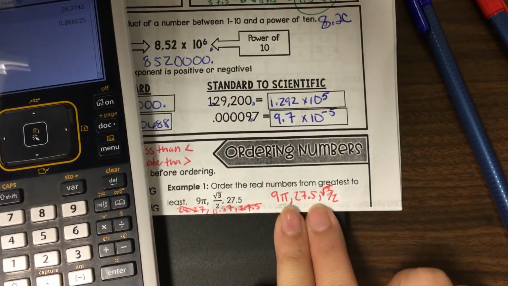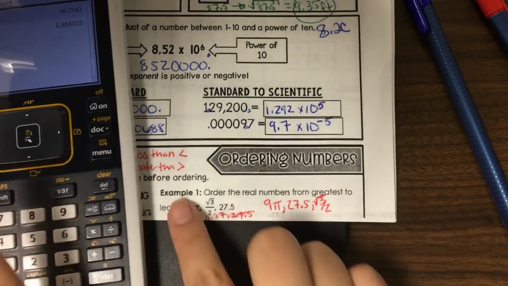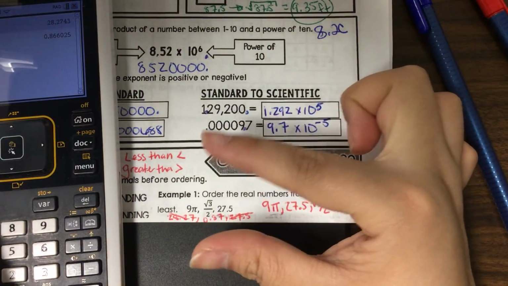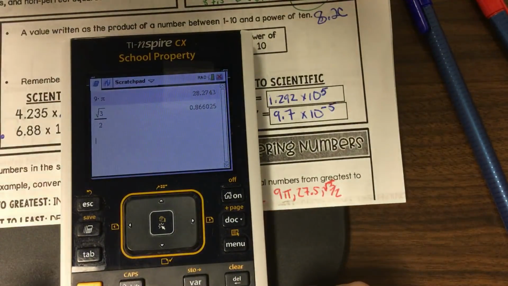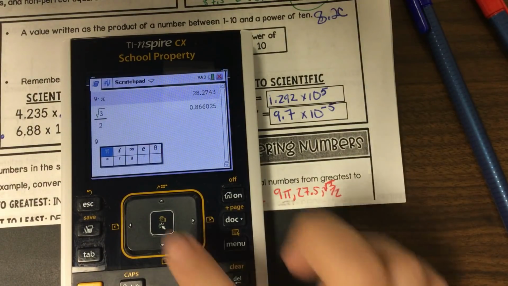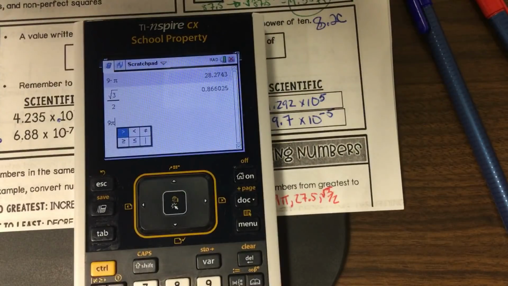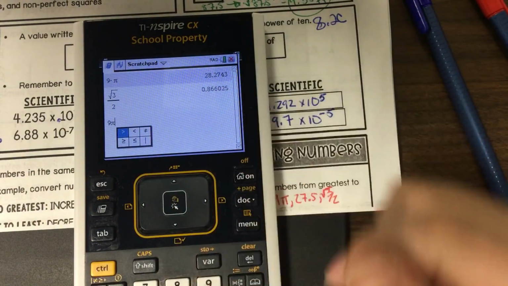Now going back to checking our answer with the calculator, greatest to least. So greatest is first. We're going to use our greater than symbol in order to check our work, which is facing this direction right here. So I'm going to write the number that I think goes first, the greatest one, 9 pi. And then control equal will let me pick the symbols. I want the greater than symbol. This is my G, so this is greater than.